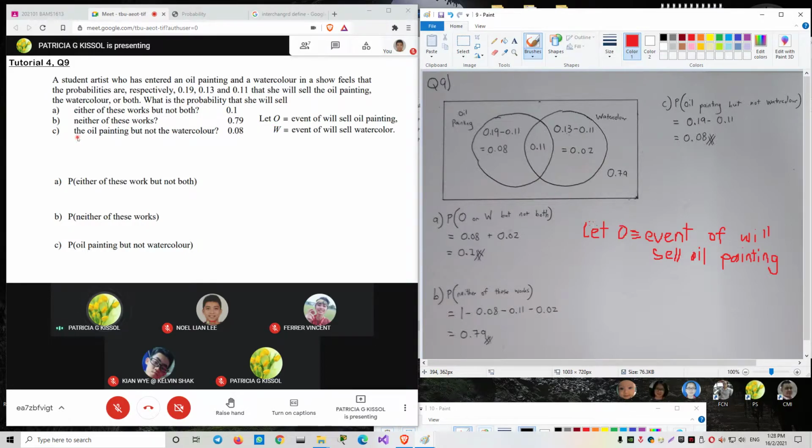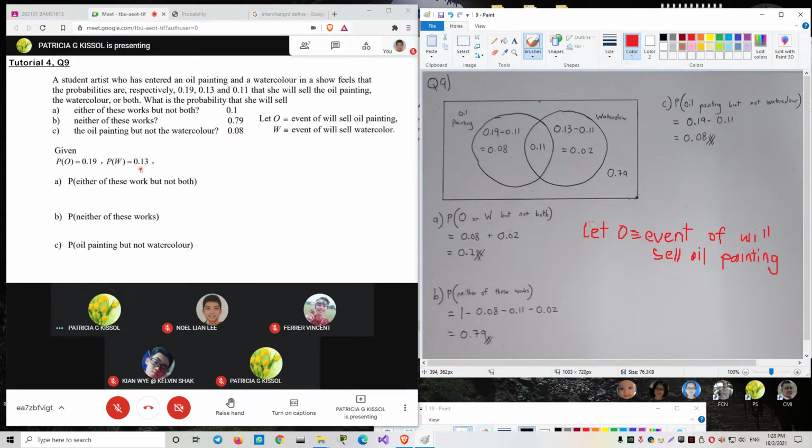So the first thing, we already put the legend: O for oil painting, W for watercolor. Another piece of information from the question is that the probability of O, that means selling an oil painting, is 0.19, and the probability of selling a watercolor is 0.13.